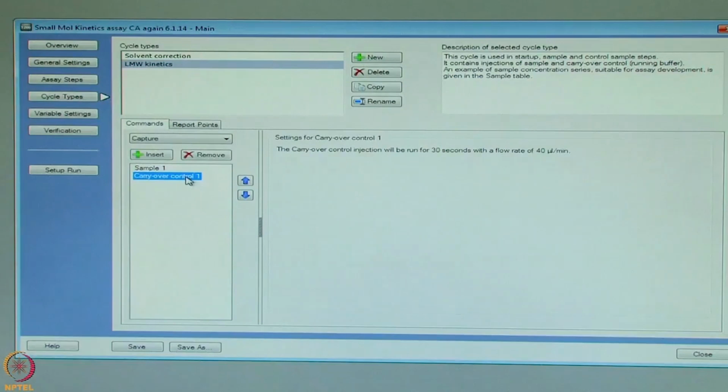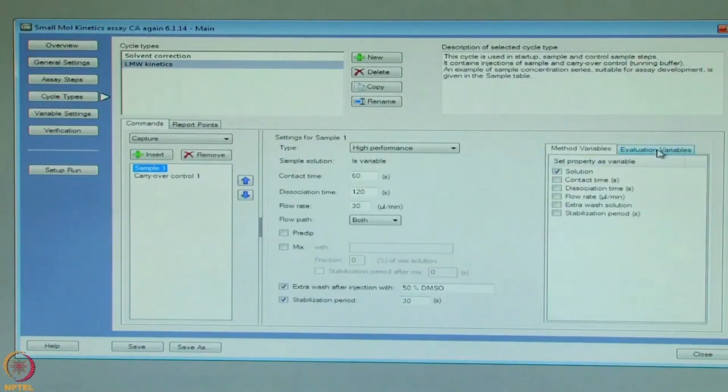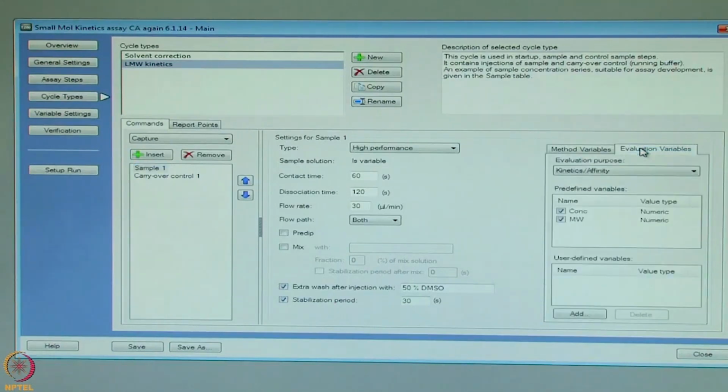Also, a carryover control injection will be given at a flow rate of 40 microliter per minute. Similarly, the sample solution is a variable here. Also, the concentration and the molecular weight are variables here.